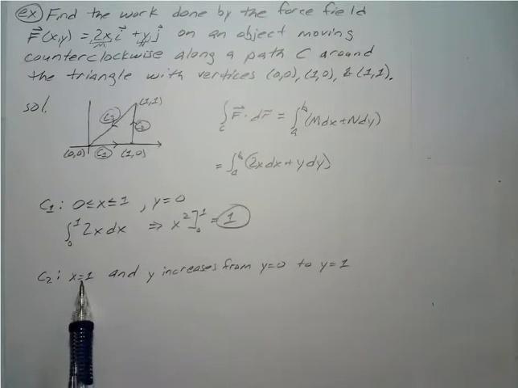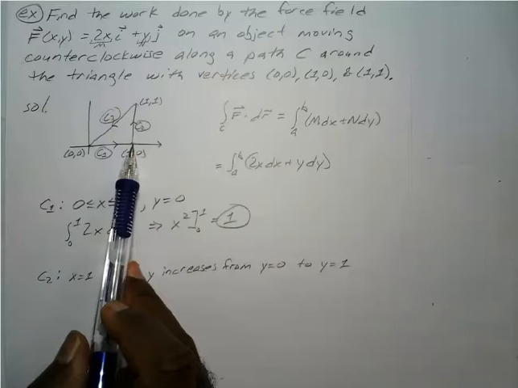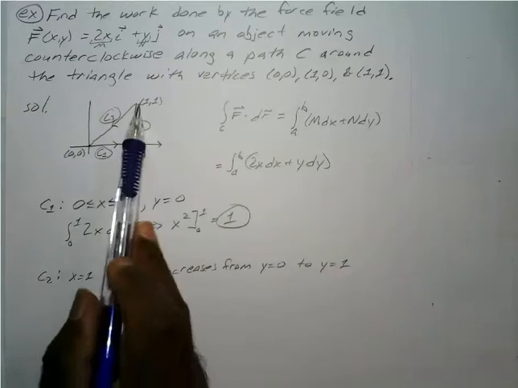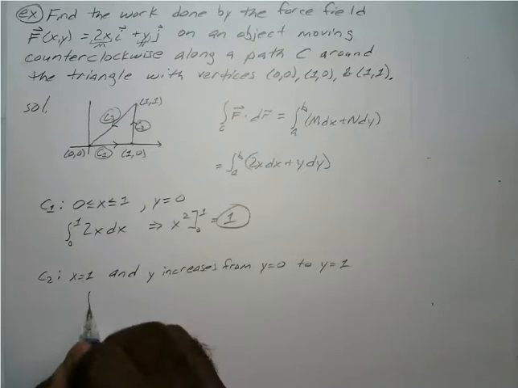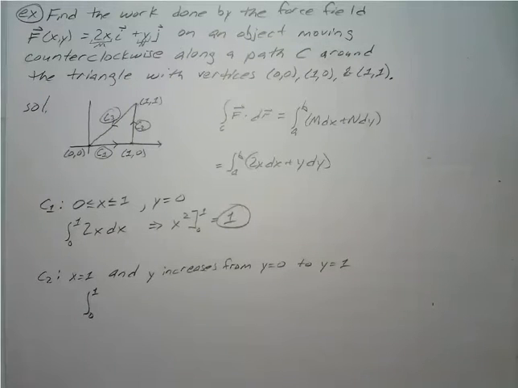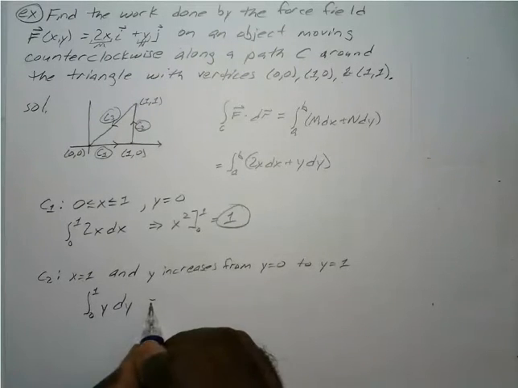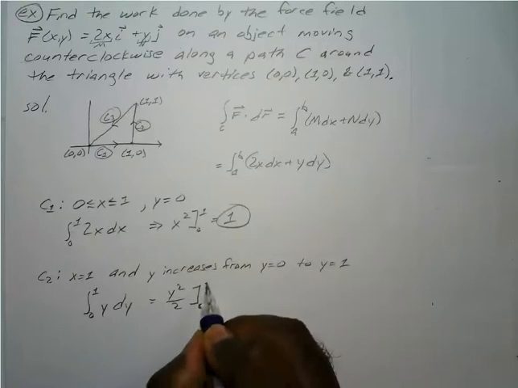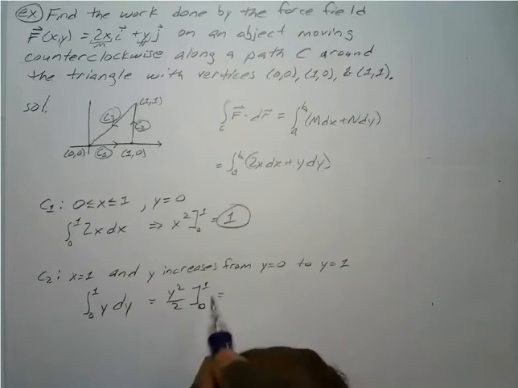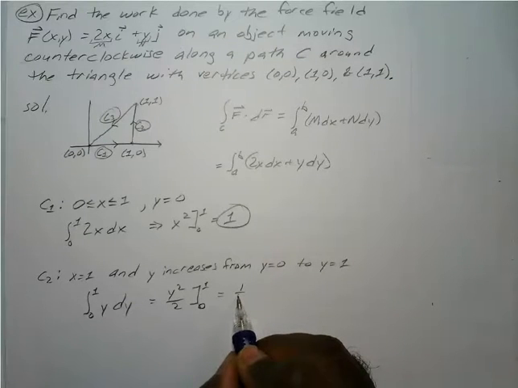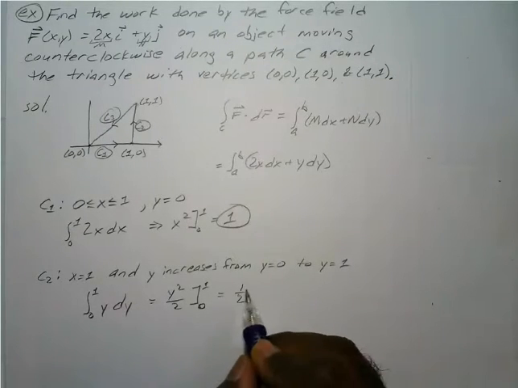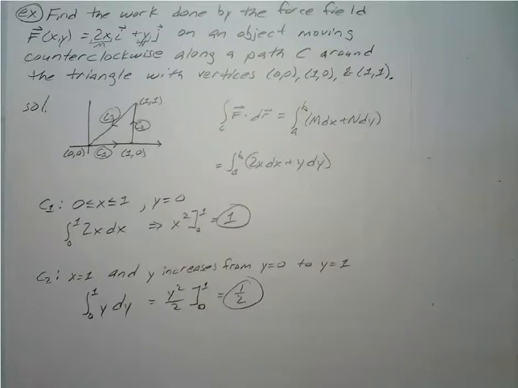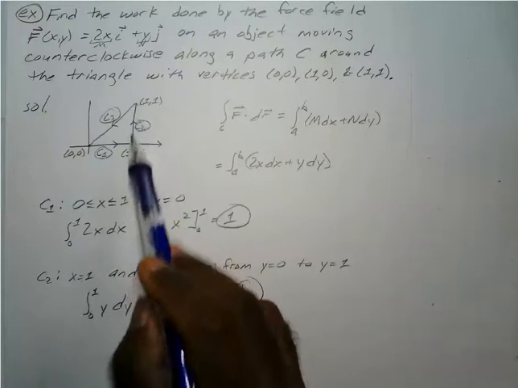Our x is a constant, so there's no work involved staying in the same place. But for our y, we're going from 0 to 1. So that's the integral from 0 to 1 of y dy, which is y squared over 2 from 0 to 1. That's 1 squared over 2 minus 0 squared over 2, or just 1/2. So we figured out the amount of work needed to go here.